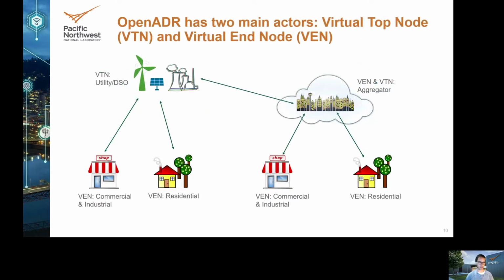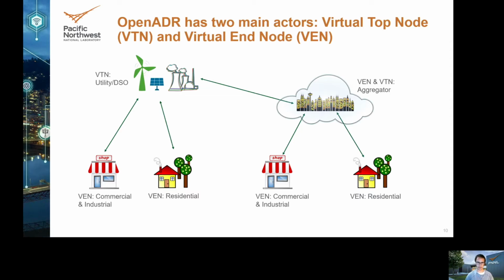And so OpenADR, it has two main actors, the virtual top node or VTN and the virtual end node or VEN. And the VTN, it's an information exchange server, which is responsible for creating and publishing information about upcoming DR events, such as pricing information. And it usually sits at the utility or aggregator level.